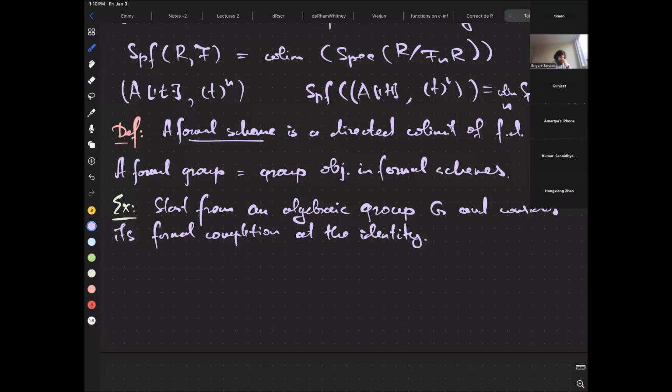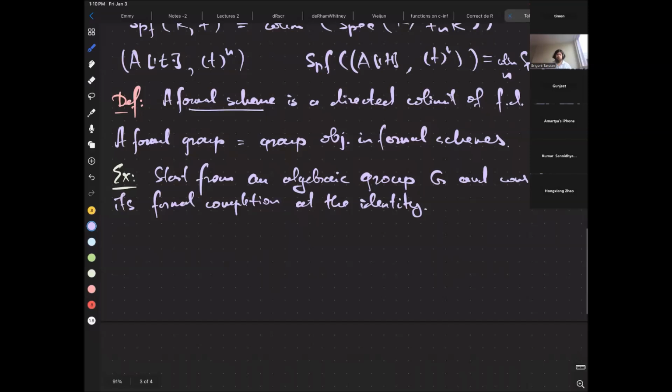So in particular, the relevant formal groups that encode cohomology theories like K-theory and singular cohomology arise in this way.